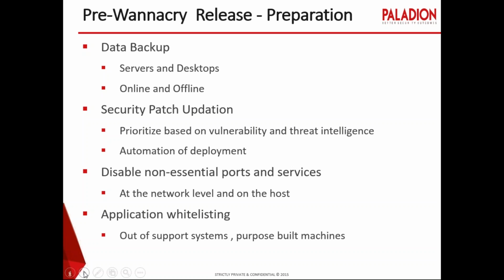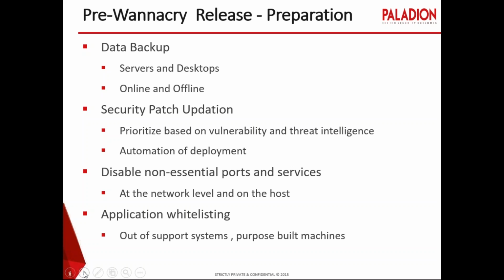Application whitelisting. This is definitely one of the controls that could help us in the event of a ransomware outbreak. This is especially true for systems like ATM machines, which are purpose built, single purpose machines, or a POS machine, where it is very easy for us to identify the applications which can be whitelisted.